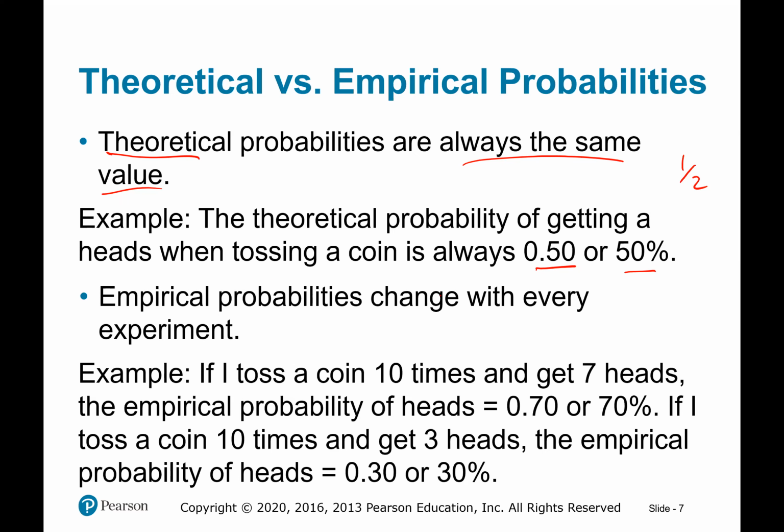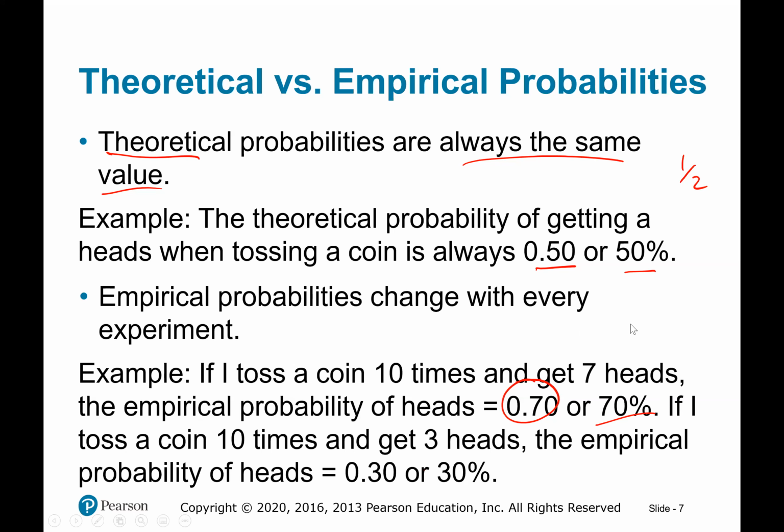If I do 10 other tosses and get 7 heads, the empirical probability of heads for this experiment is 0.7, or 70%. So it's changing, right? The other example down here is 3 heads, so the empirical probability of heads is 0.3, which is 30%.